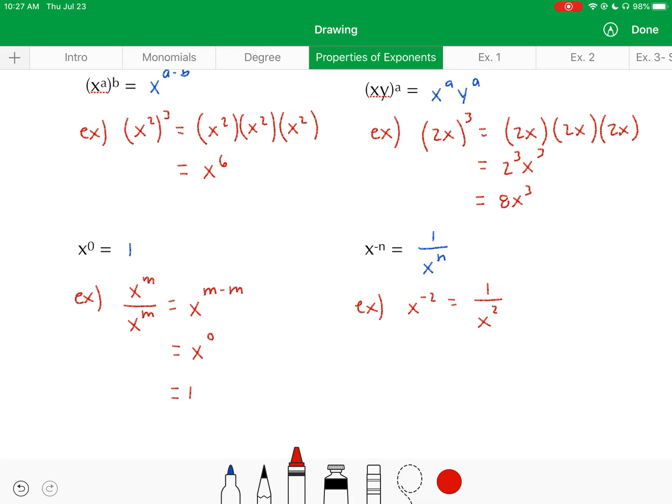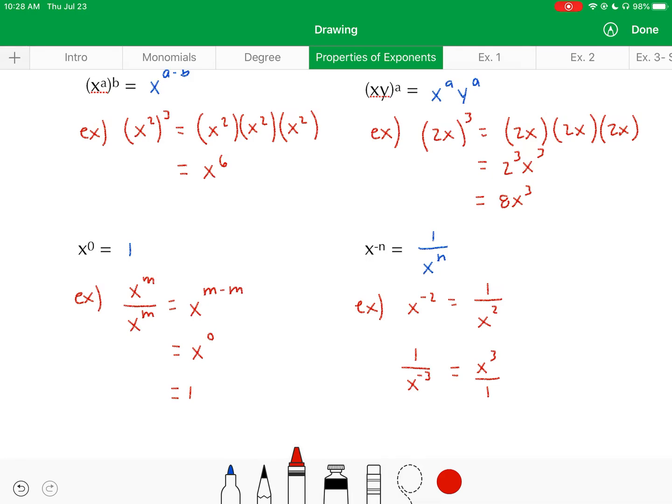Now, what if I was working with something like 1 over x to the negative third, where the negative exponent's in the denominator? Well, this is now just going to equal x to the positive third, over 1. It now becomes the numerator. So don't overcomplicate that property. Basically, what it's stating is if you have a negative exponent, you can turn it positive by simply putting it on the opposite side of the fraction.